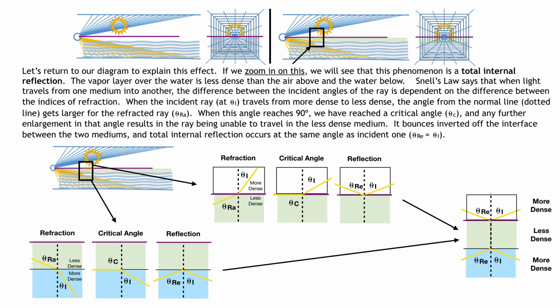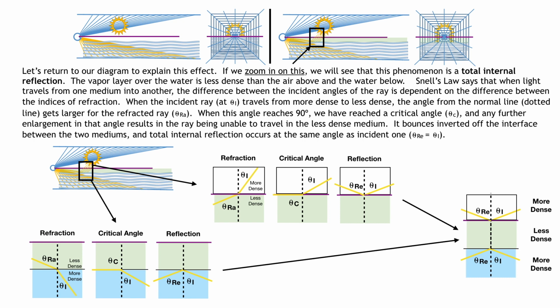Let's say if you were above the water line, the light ray would essentially skirt along the top of the water, and then any further shallowness to that incident ray results in what's called a reflection, or total internal reflection, and that light is just then reflected back down at the incident angle with which it entered.